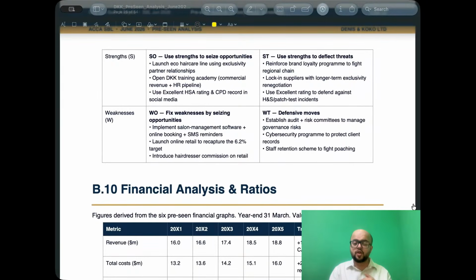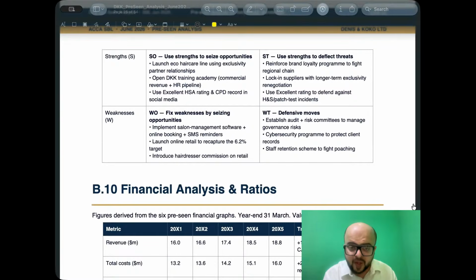Introducing hairdresser commission on retail means that right now, if they don't have an incentive to make that recommendation, this can be implemented so that they will make it, because they are looking at it from a different viewpoint: if we facilitate the sale of this product, then the commission on the sale will come to us. So overall sales will increase by paying a small additional price.